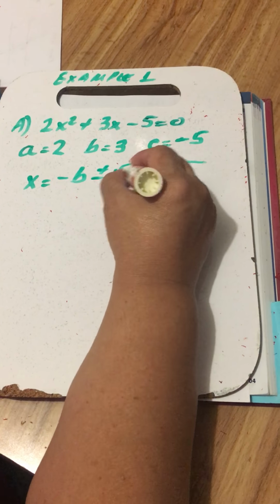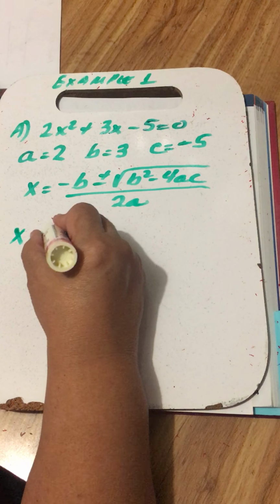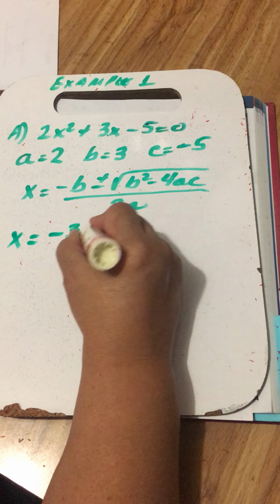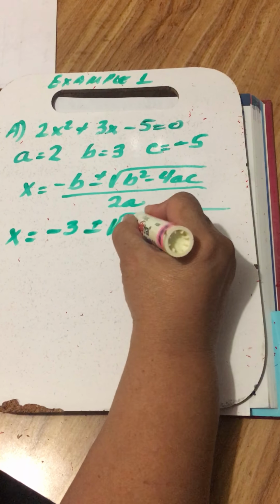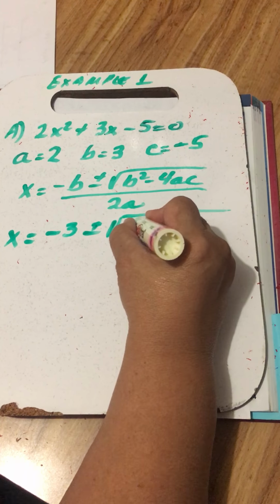I substitute the coefficients, so x equals, b is 3, then I put minus 3, then plus or minus the root of minus 3 squared minus 4 times a is 2, and c is minus 5. Then I divide everything by 2 times 2.